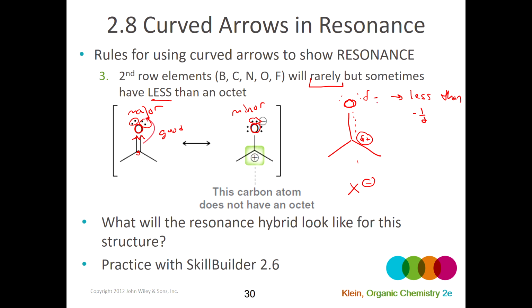And if the charge were exactly 1/2, that would imply that the two contributors are equally contributing to what the average or hybrid looks like. So since the major contributor contributes more, we can predict a small partial negative here, because for the most part that oxygen is neutral, and the negative only factors in a little bit. Thank you. You're welcome.